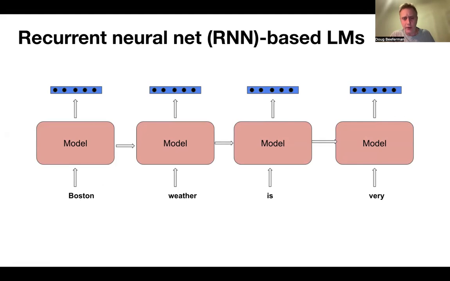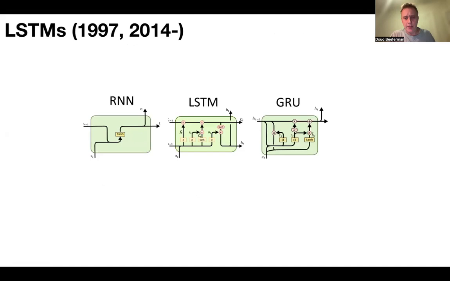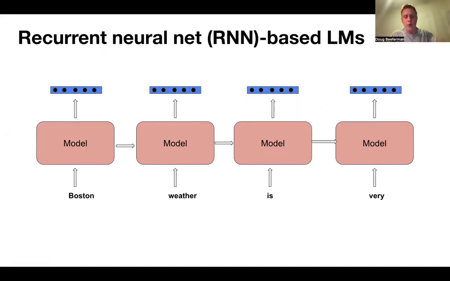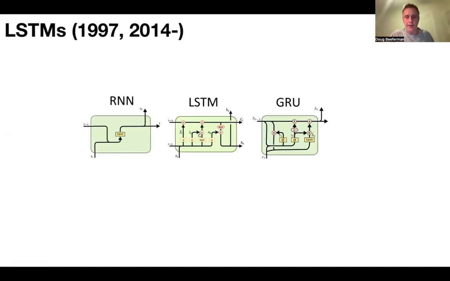But RNNs were also too simplistic for language modeling because of the so-called vanishing gradient problem, where RNNs would not be able to model things that had happened in the more distant past.